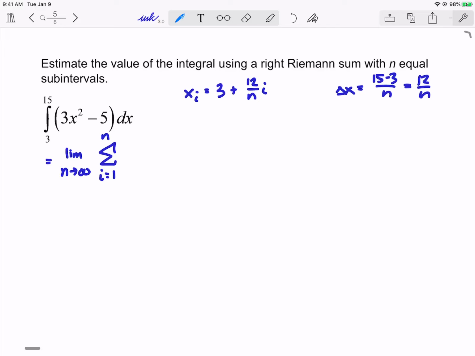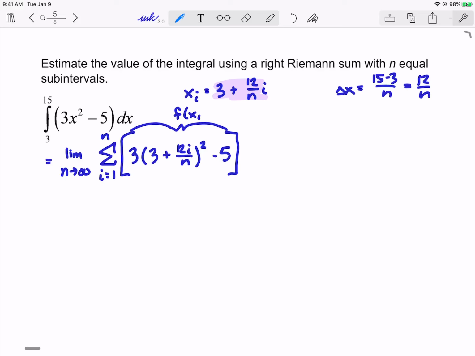Well, f of x is 3 times x squared minus 5. I replace x with x sub i, which becomes 3 plus 12i over n. I square that, and I subtract 5. So this right here, which I'm going to put in brackets, is my f of x sub i.